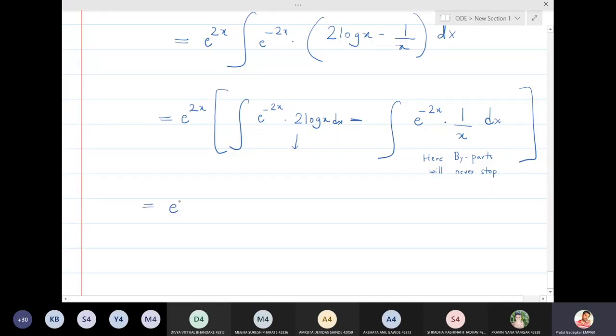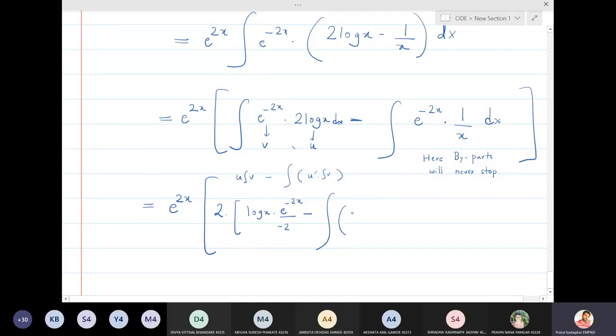So what is that? e raised to minus 2x, 2 I will take outside integration. This is u and this is v. U is log x. Integration of v is e raised to minus 2x upon minus 2, minus integration of, take u dash and multiply with integration of v. What is u dash?